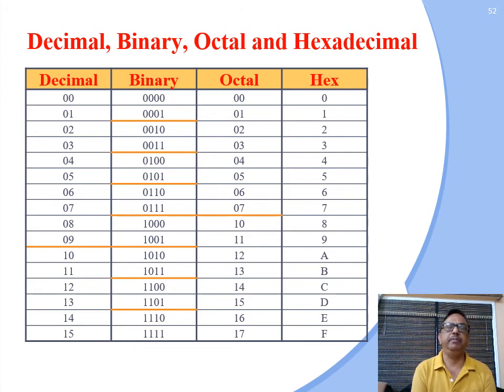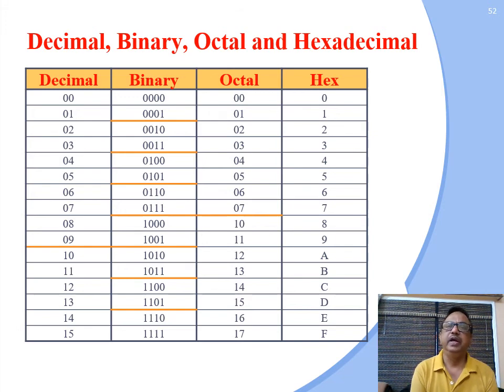Then we came to know about the binary number system in which base is 2. Why base is 2? Because it has two distinct symbols, 0 and 1. And after that we learned about the octal number system, which has base 8, and it has 0 to 7 distinct symbols.